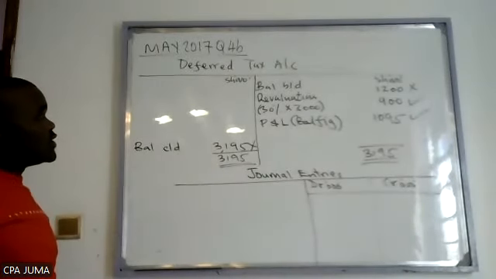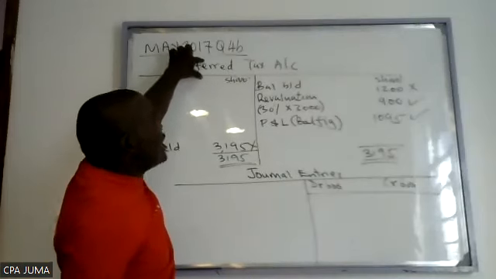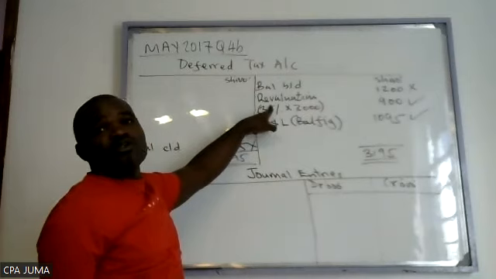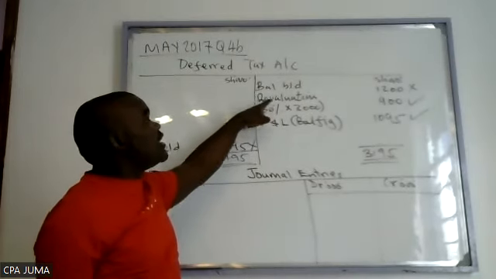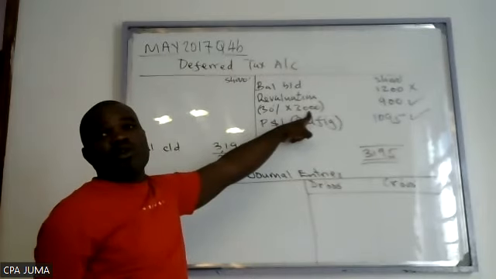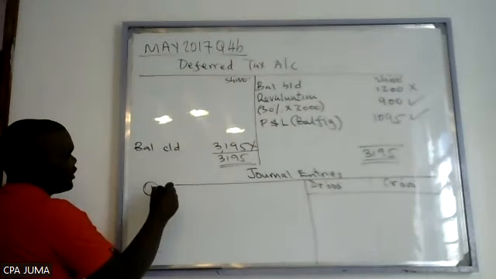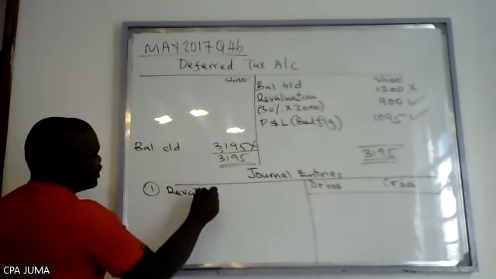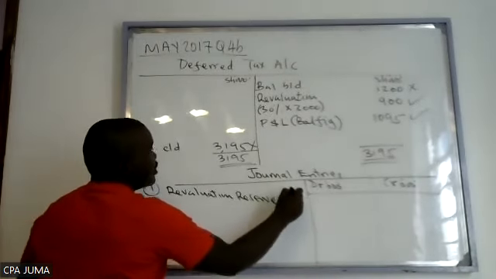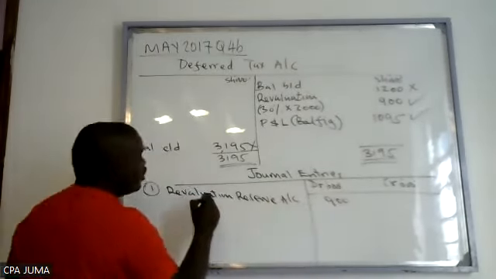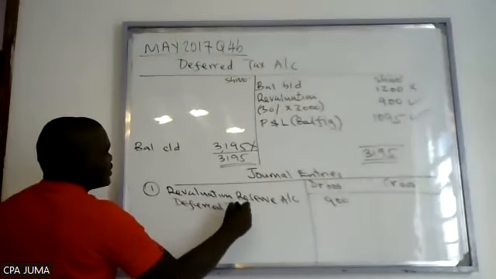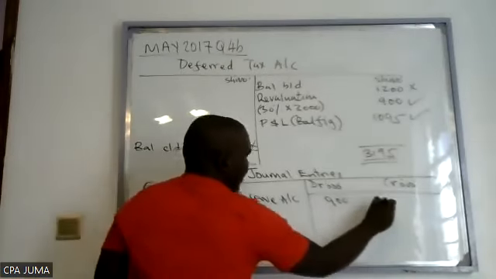So how do I pass the journals? I have credited the deferred tax account with the revaluation. So it means the corresponding account to be debited is the revaluation account, because I have credited deferred tax with the revaluation. So this is journal 1: debit revaluation reserve account with the 900, and credit deferred tax account also with the 900.